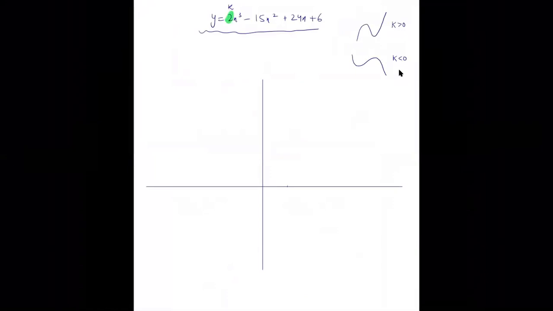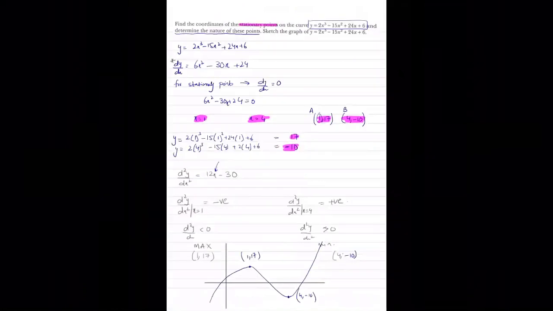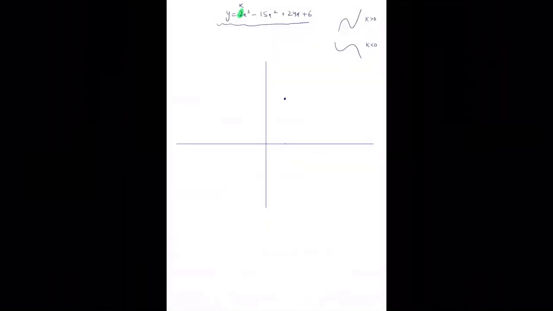So (1, 17) somewhere over here. And the next point was (4, -10), somewhere over here. We know that this point was a maximum point and this point was a minimum point. So it needs to be a cubic curve.